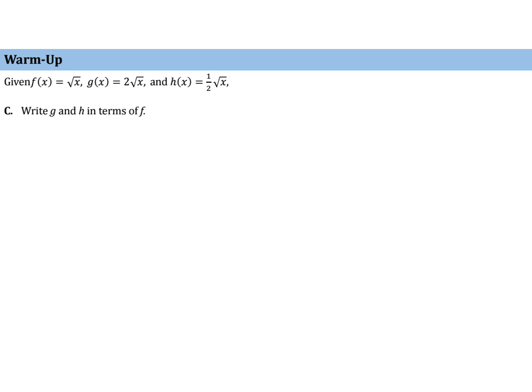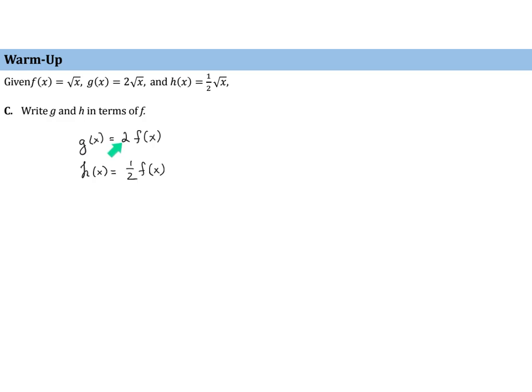So if we are to write g and h in terms of f, g of x equals, well, we apply the square root function, so we will apply f, and then we double. And then h, we apply our square root function, and then we take half.